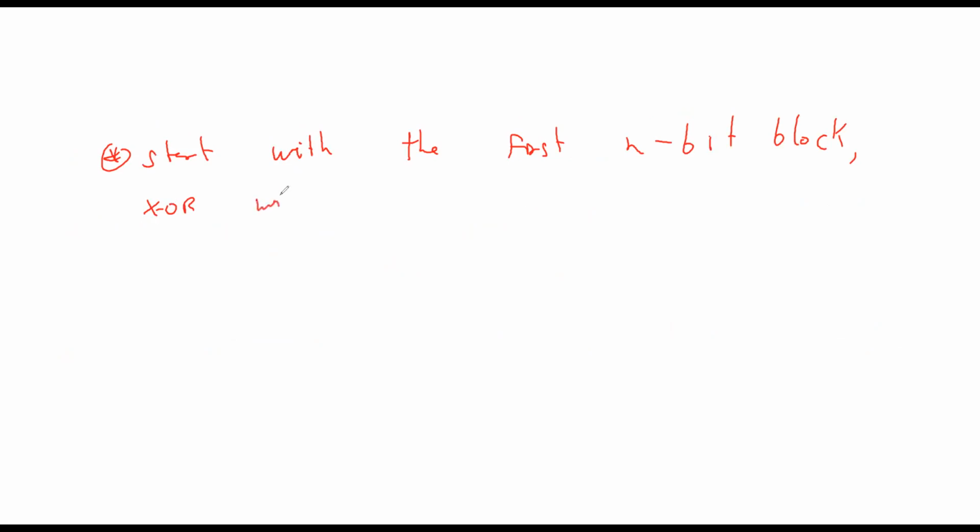So in summary, we have the algorithm, and we can state it as: start with the first n-bit block, XOR it with a key or another block.